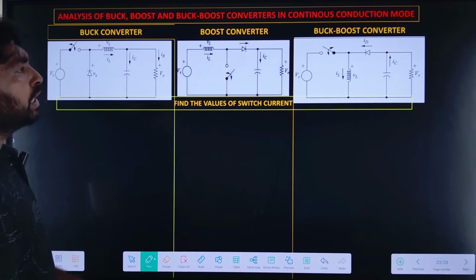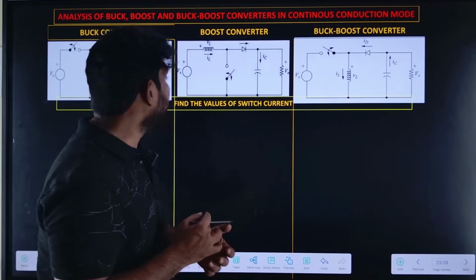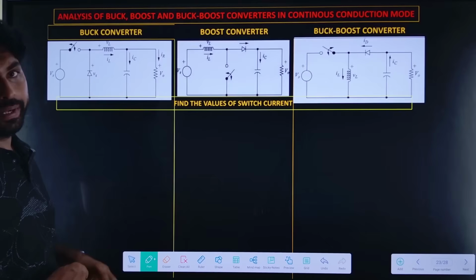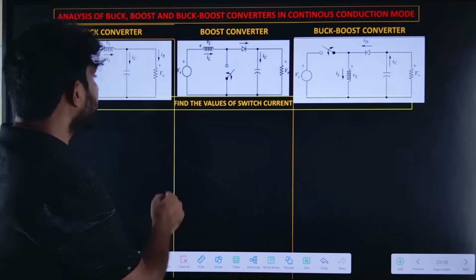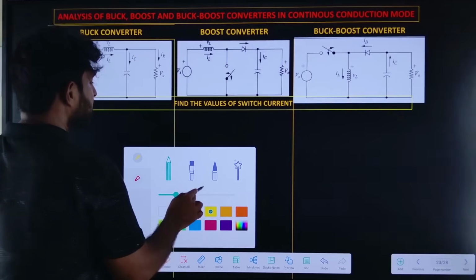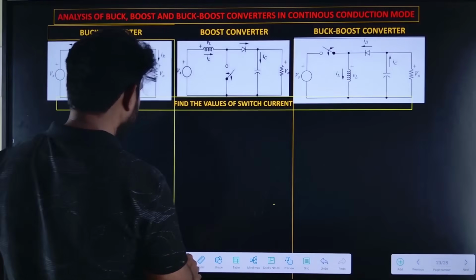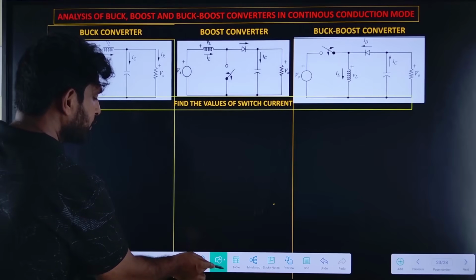Now if they ask for the switch current, the switch will conduct for D into T period. Which current will it take? The IL current. Let me draw the switch current.